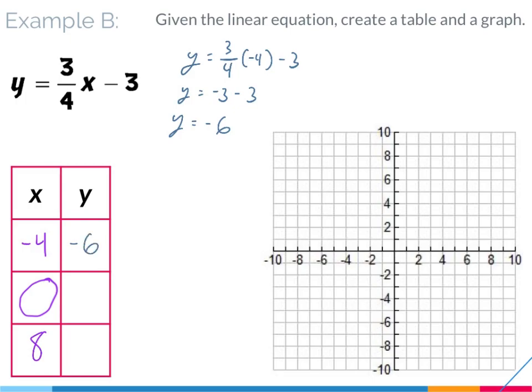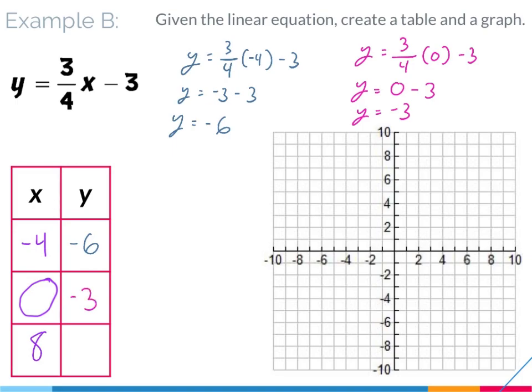Now we're going to use 0. So we're going to be plugging our 0 in. So we've got y equals 3/4, and again, in parentheses, we're going to have 0 minus 3. 3/4 times 0 is 0, so 0 minus 3. Then 0 minus 3 is -3, so whenever we plug 0 in, we're going to be getting -3.